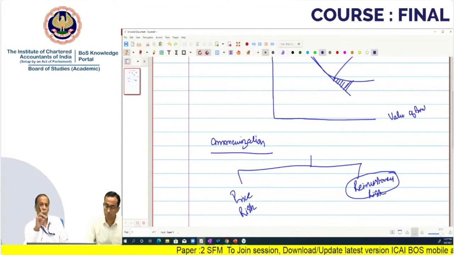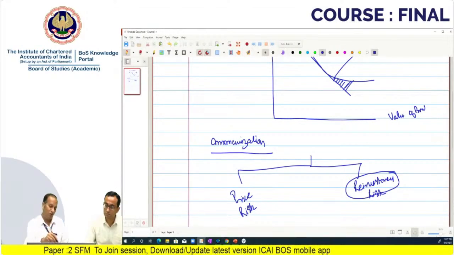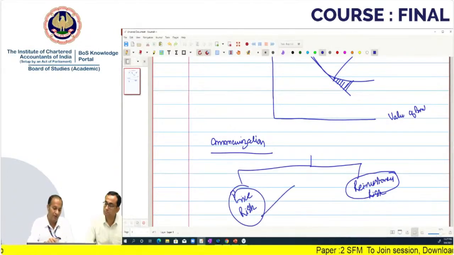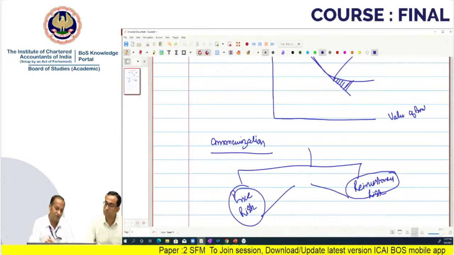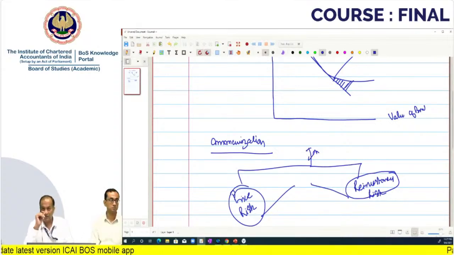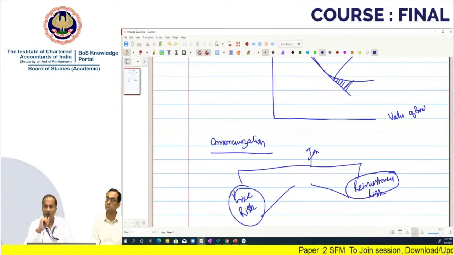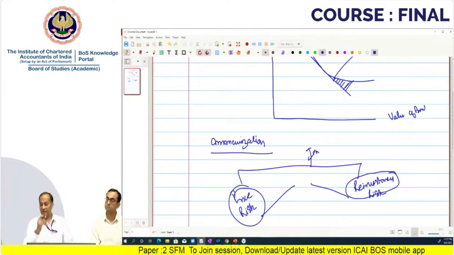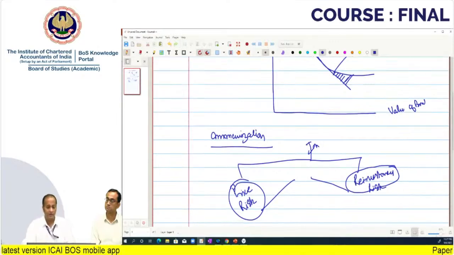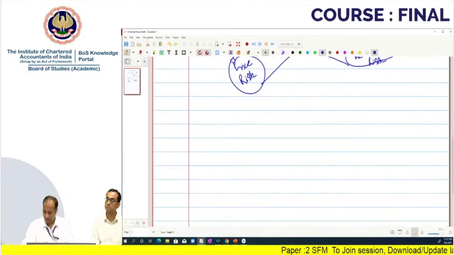So these both risks are conflicting with each other, and we have to find one way out, and that is called immunization or bond immunization, because this is particularly important in case of a pension fund where they have to invest the funds. So one numerical is also there. You just refer to it from the study material.